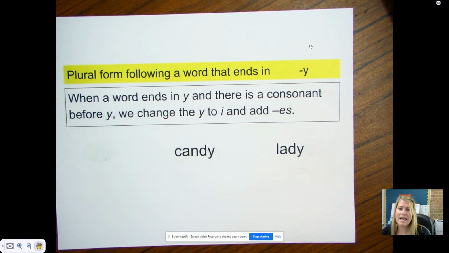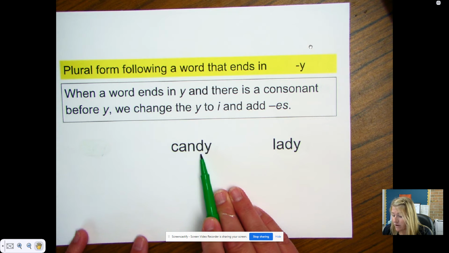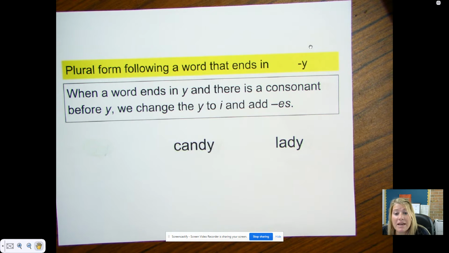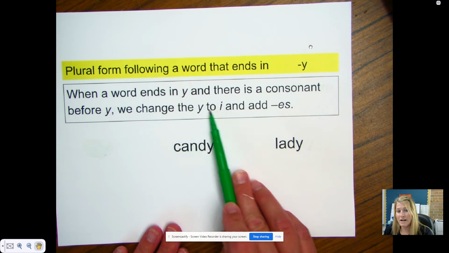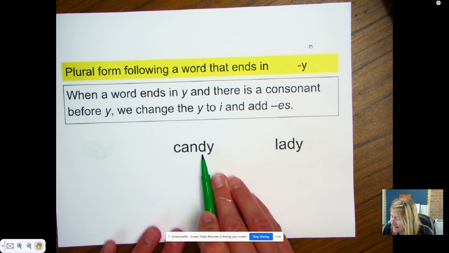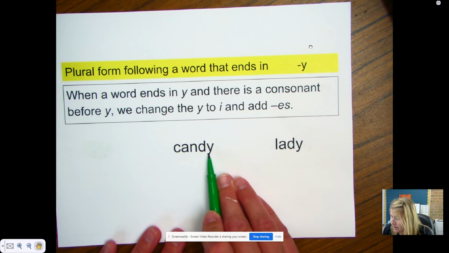What happens when they end in a Y? So when a word ends in a Y and there's a consonant before that Y, we have to do something to this to make it plural. And right here are directions. We change the Y to an I and add ES. So you guys, is that a consonant in front of the Y?